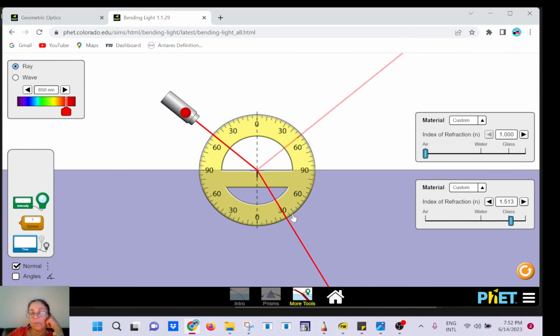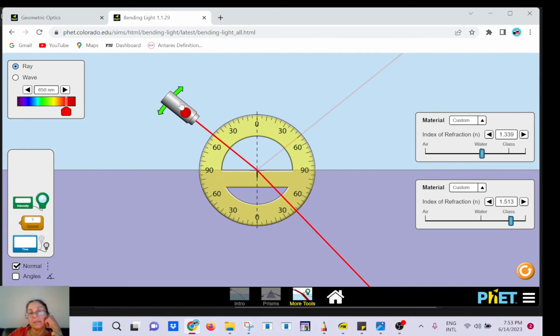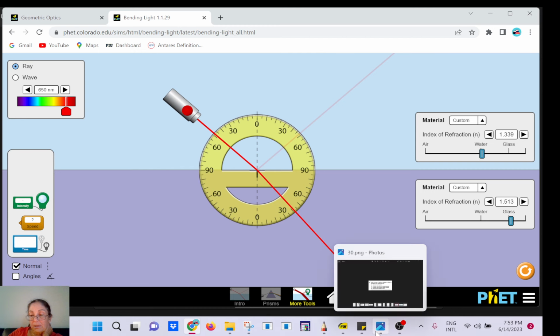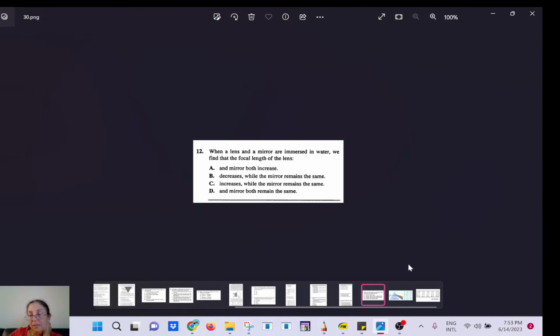So here you have more refraction, that means that angle will be smaller relative to this situation here. So if you have less contrast between the lens and the outside of the lens, you're going to have less refraction. It's not going to bend as much. Okay, that's it for today.